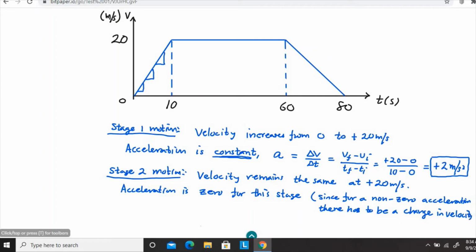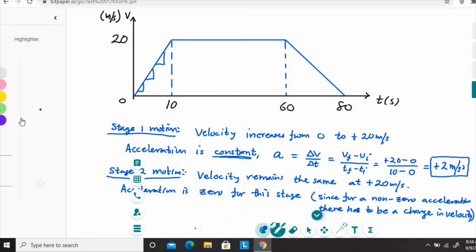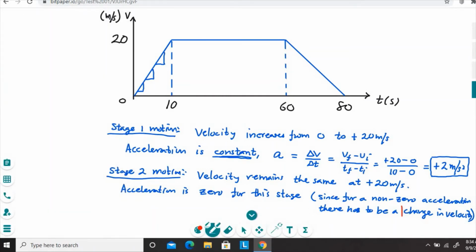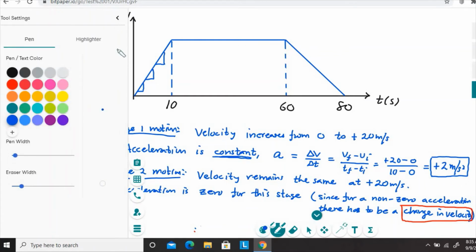This is very important. Always we have to look for a change in velocity if we want to see an acceleration. Always remember, change in velocity and acceleration go hand in hand.